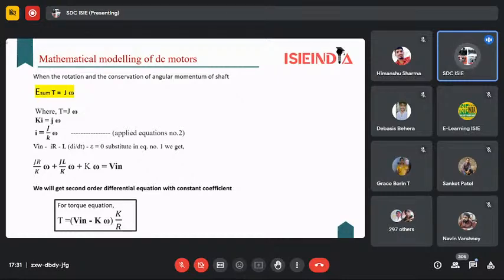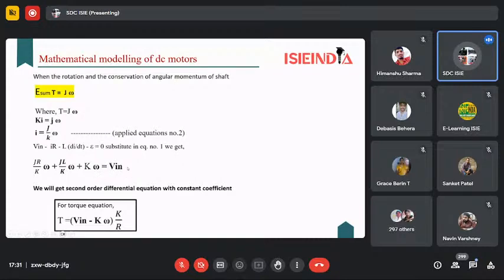If we place, as per the equation, that torque T is directly proportional to I, we can write that constant of motor and current is equal to J dω/dt. Applying equation number 2, we will substitute I equal to J k omega, and when we substitute this formula into equations number 2 and 1, we will get JR by k for the resistance part, JL by k for the inductance part, and k omega for the epsilon part, where V is equal to applied voltage.